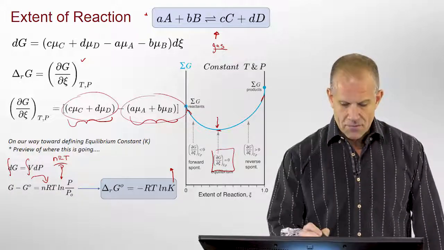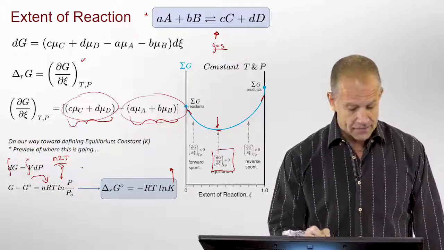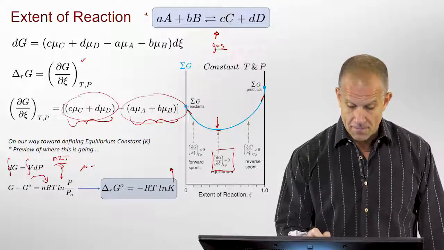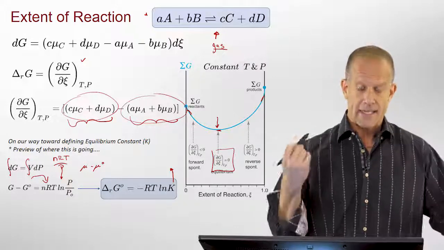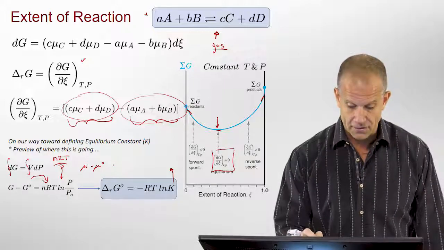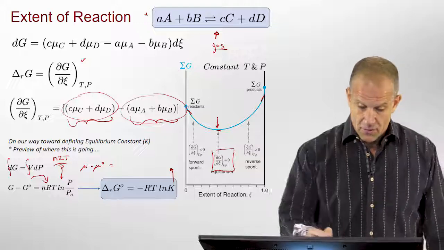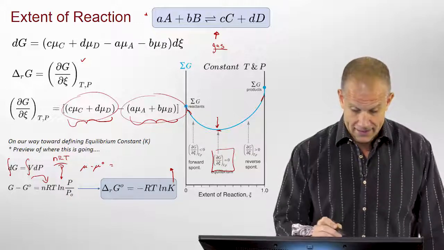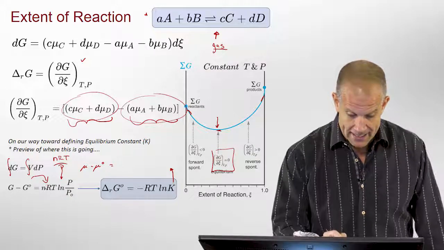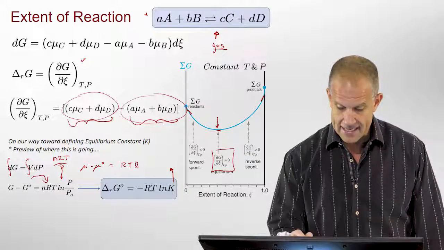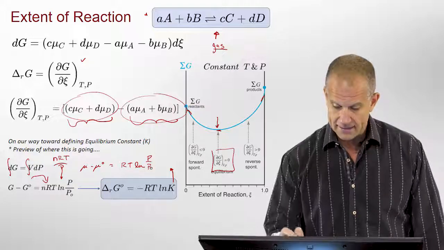We can also make this relationship that this is the chemical potential minus the initial standard state chemical potential. This will go with the same relation, except for the n, because the chemical potential is the molar free energy, so it'll just go as RT ln of P over P0, right?